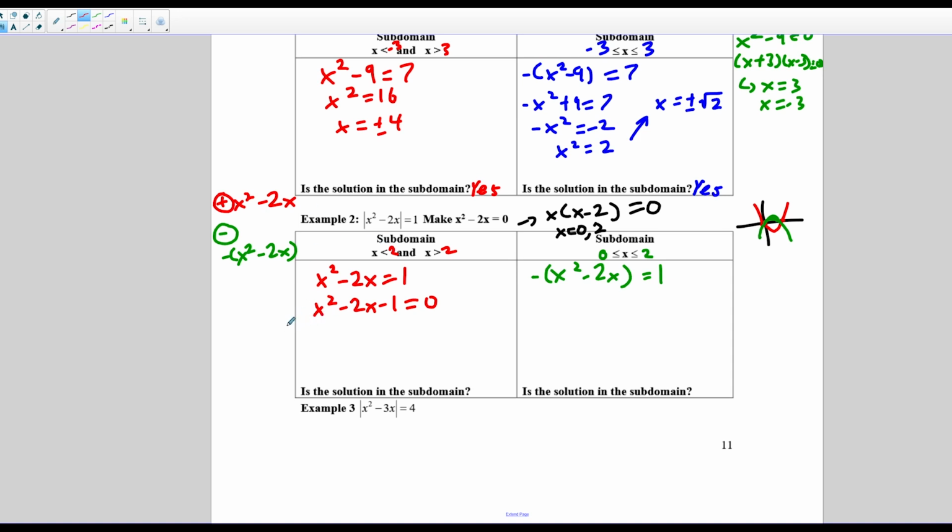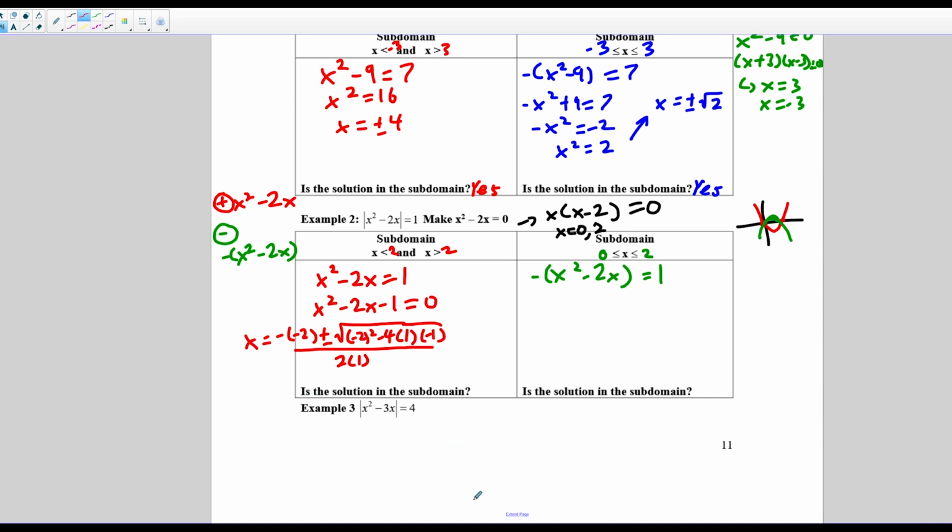So plugging these values into the quadratic formula, we get x is equal to negative negative 2. So that's negative b plus or minus the square root of b squared. So it's going to be negative 2 squared minus 4 times 1 times -1. That's all divided by 2 times 1.